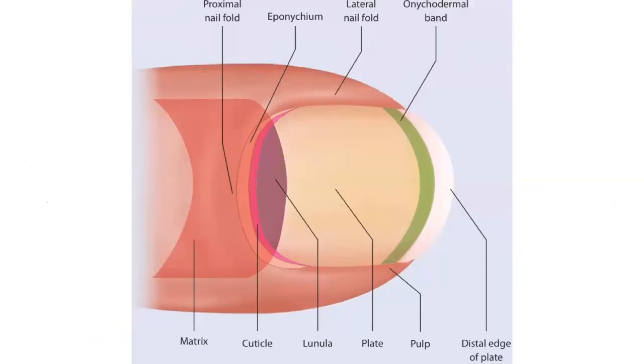These are the different components: nail folds, nail plate, matrix, and the nail bed, which underlies this, and hyponychium.